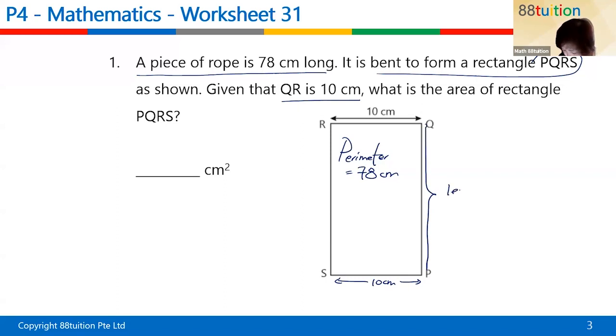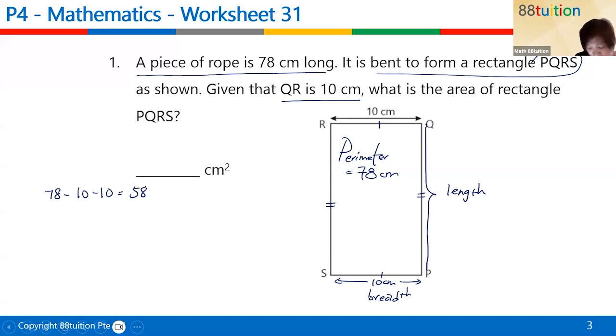This is the breadth, because this is the shorter part. So you have 2 equal sides, right? The length and the length are equal. The breadth and the breadth must be equal. So the 4 sides add up to give you 78, right? So what I need to do is take the perimeter of 78 minus the 2 breadths, 10 and 10, and then I get 58.